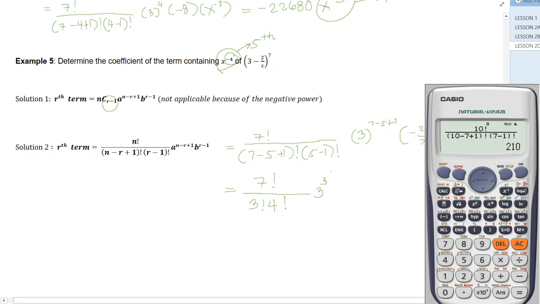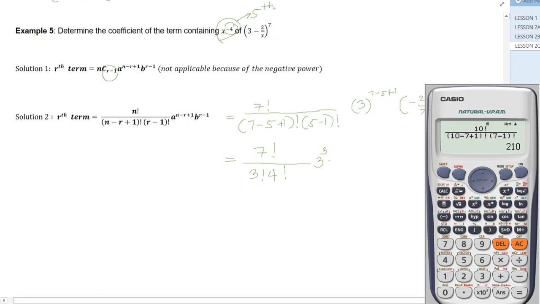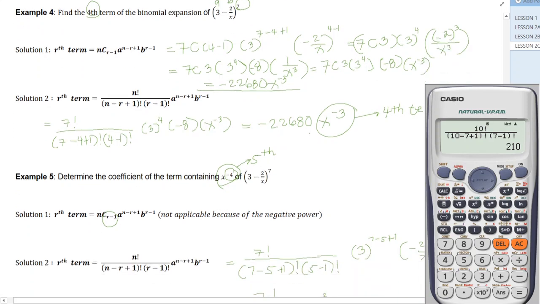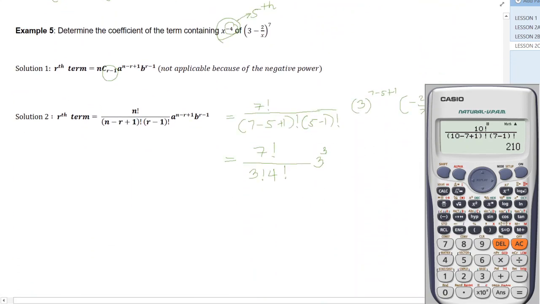Okay, that should be raised to 3. So for this one, that is 3 raised to 3, multiplied by negative 2 raised to 4, and then that is x raised to negative 4 already. So that is your term already.